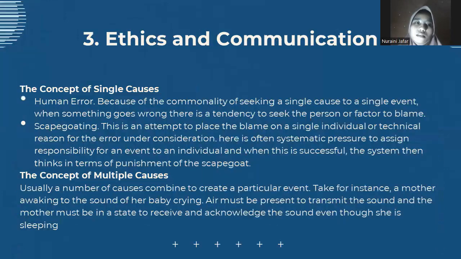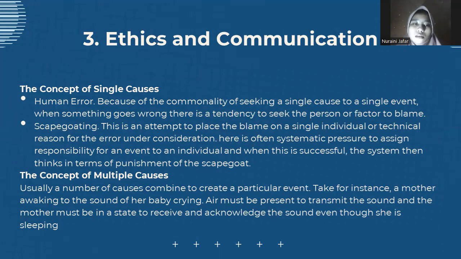The third, ethics and communication. There are two causes of ethics problems in communication. First is the single cause, which is from human error. Everything could have an imperfection because nothing is perfect.